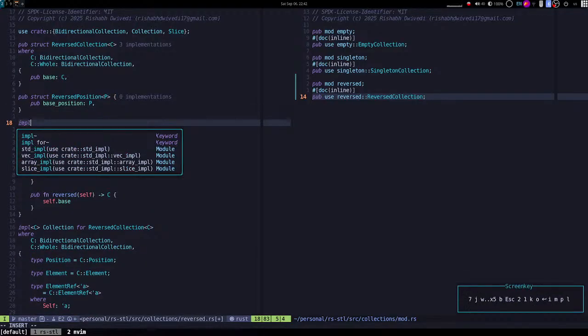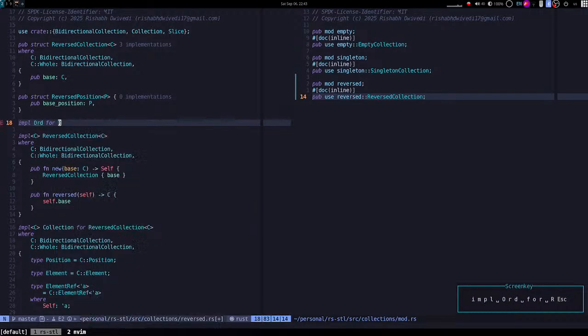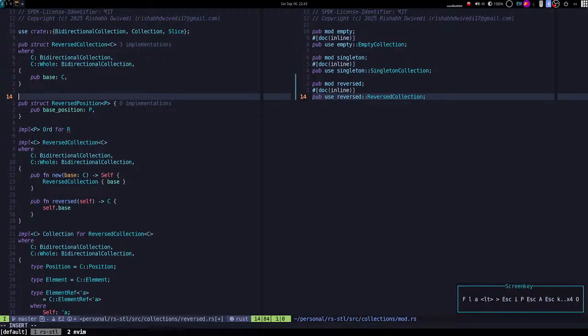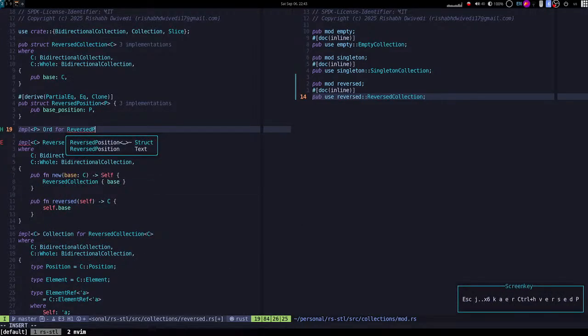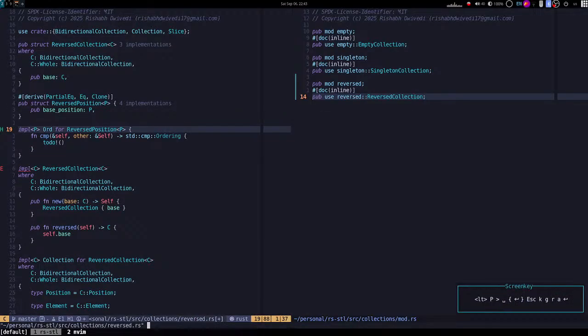Okay, impl Ord for p, and I think deriving PartialEq and Clone are simple, but the ordering of those positions is not the same as the opposite one, right? So implement missing members.